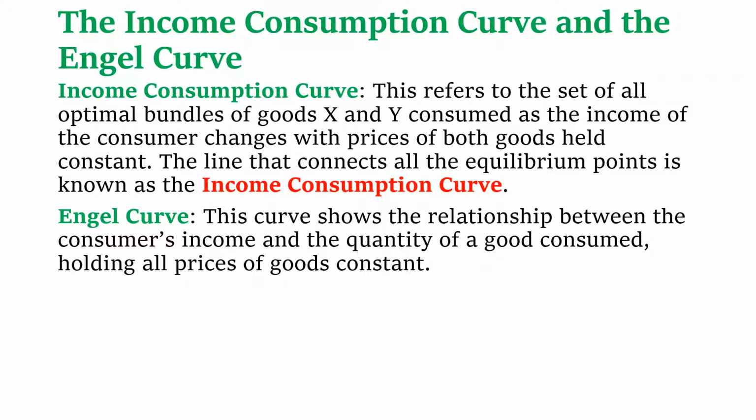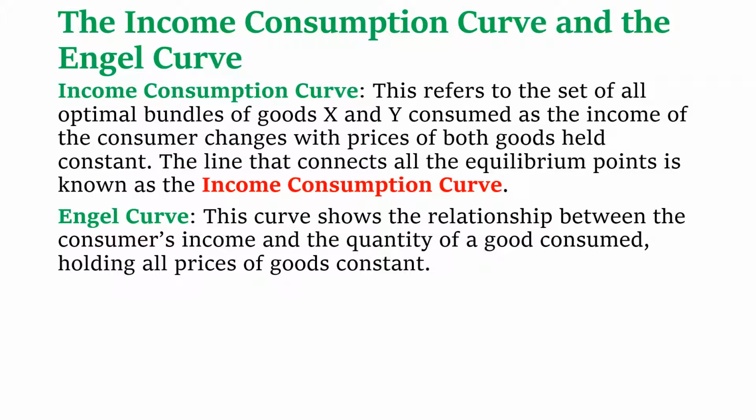So, it is just a set of all optimal bundles of X and Y consumed as the income of the consumer changes. Now here, remember, we are holding the prices of the goods constant. The prices of the goods do not change. What actually changes here is the income of the consumer.